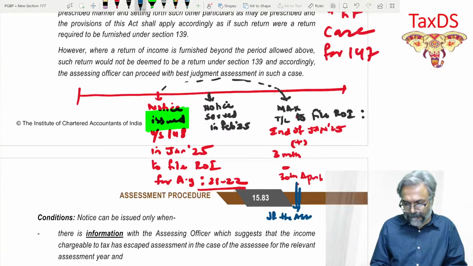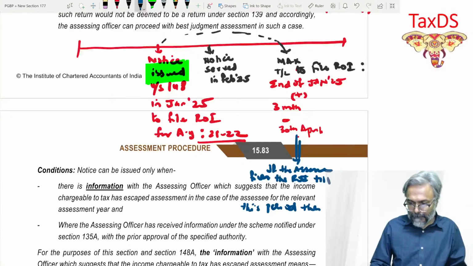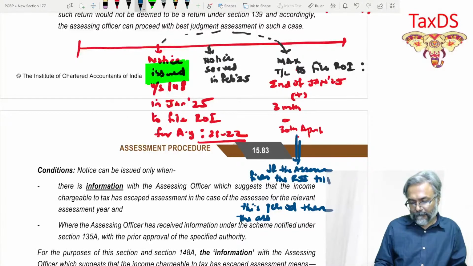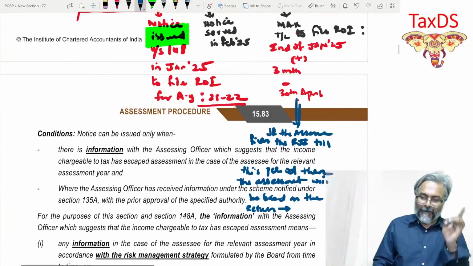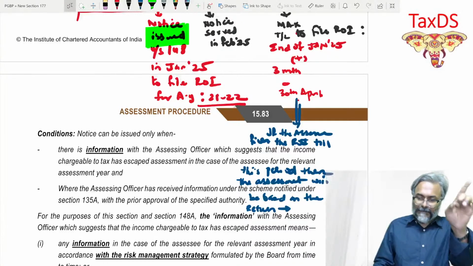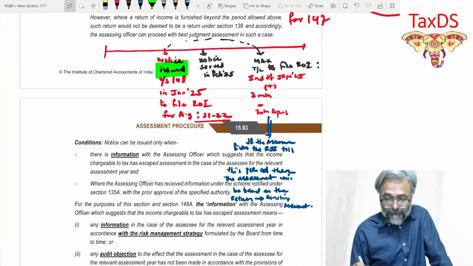If the SSC files the return till this period, then the assessment will be based on the return. If the SSC files the return till this period, students, then the assessment will be based on the return, which means scrutiny assessment. Which assessment, students? Scrutiny assessment. This is the new point, as per the amendment now.